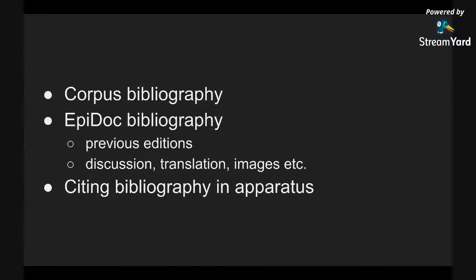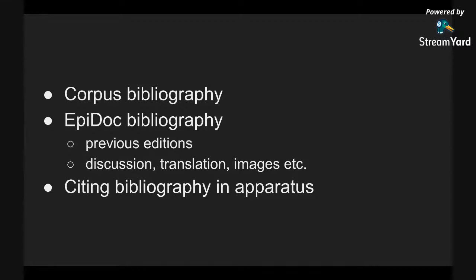And then the second is to have what the bibliographical references in the individual EpiDoc files look like, and what information they need to contain, what relationship they have to the corpus bibliography, and what sorts of bibliography or bibliographies you might include in there.